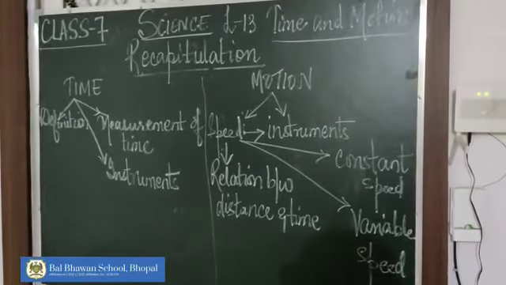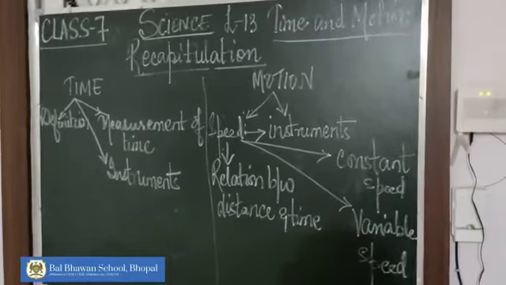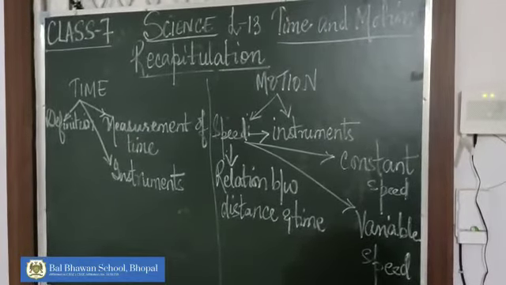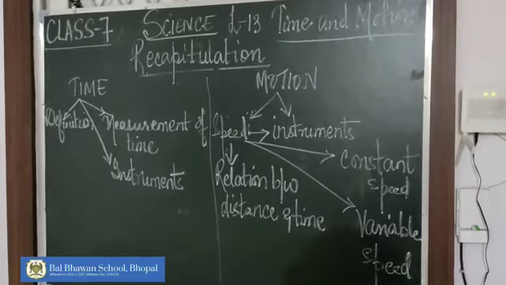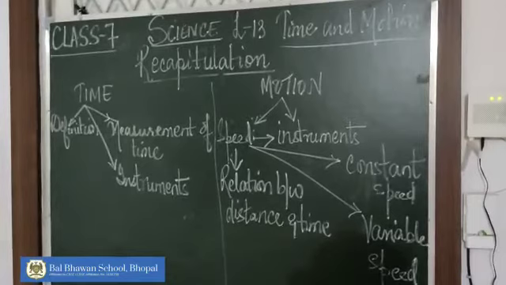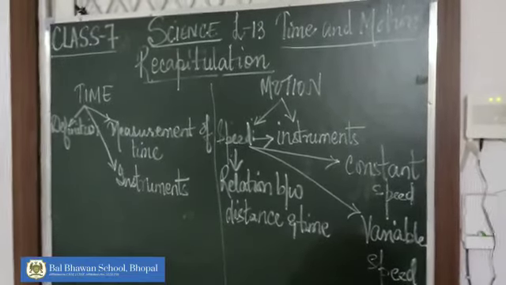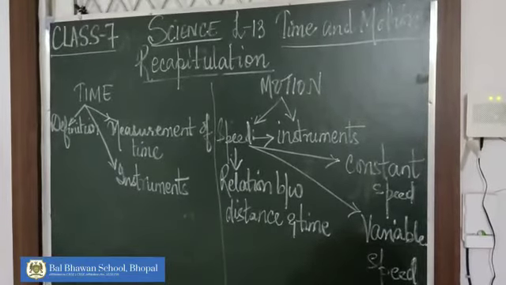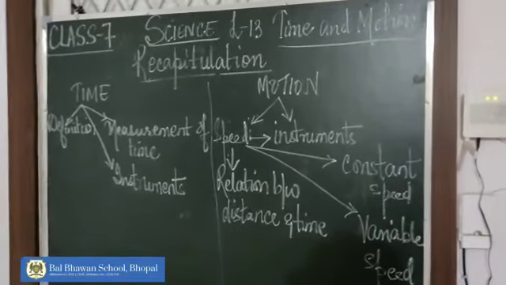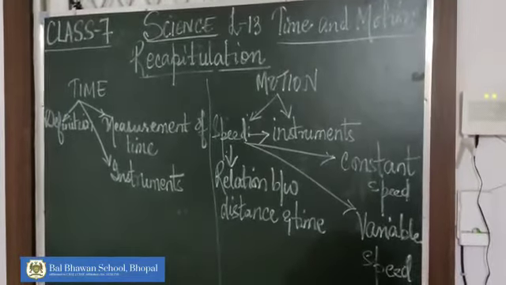So if I want to apply this unit for speed, what will be the unit that I am going to use for speed? Yes, you are correct. Where I have written distance, I am going to write meter. And where I have written time, I am going to write seconds. So the unit of speed is meter per second.